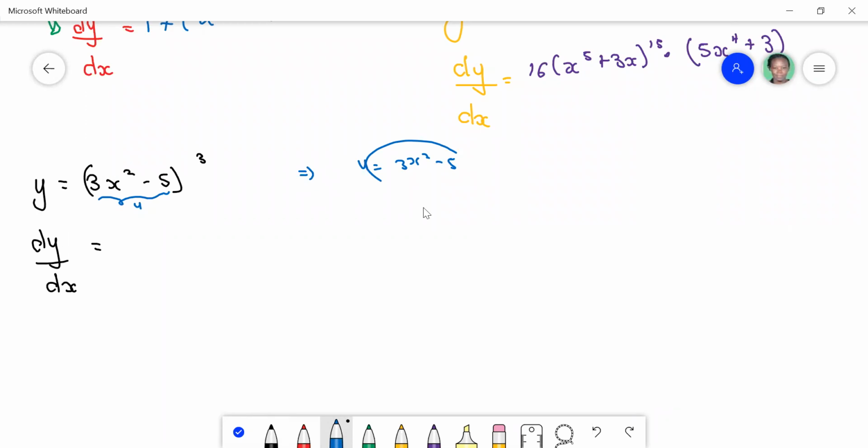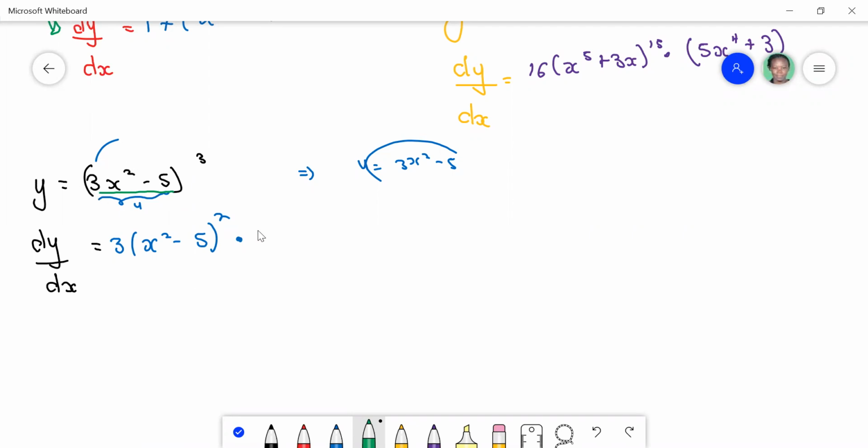I treat this whole thing as one, so I have 3 (3x squared minus 5) squared, because if you differentiate, that is what you have, times what you have in the brackets. So what do I have in the brackets? I have 3x squared minus 5, and you differentiate it with respect to x.